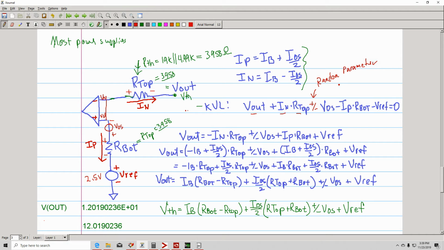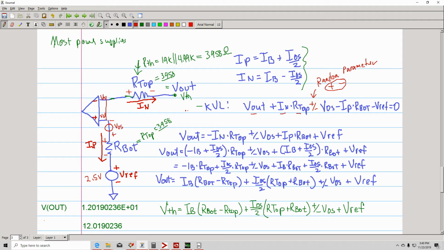Meaning that VOS can change due to temperature. So it can be positive or it can be negative. Okay. So it's really random depending on temperature and so forth. So we account for it with this plus or minus. And then we continue.